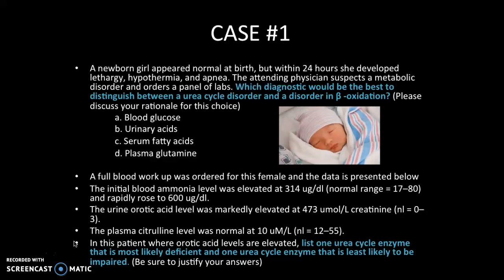The plasma citrulline level was normal at 10, so that's within the range of 12 to 55. So in this patient where orotic acid levels were elevated, list one urea cycle enzyme that is most likely deficient and one urea cycle enzyme that is least likely to be impaired.